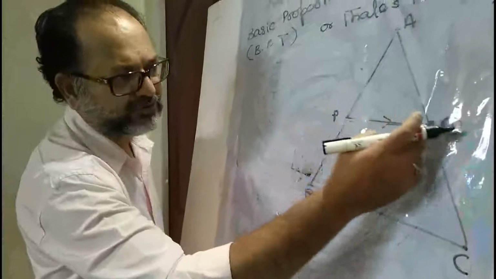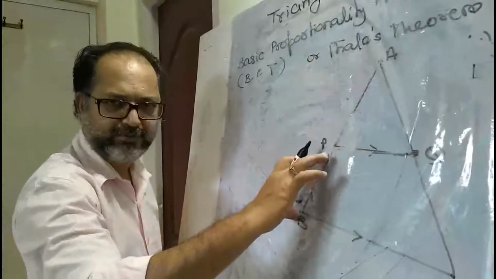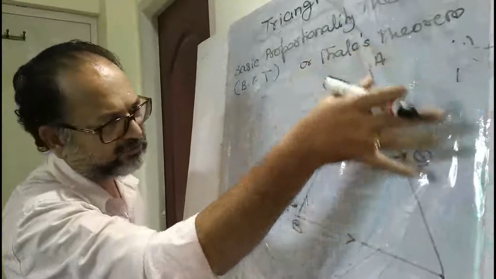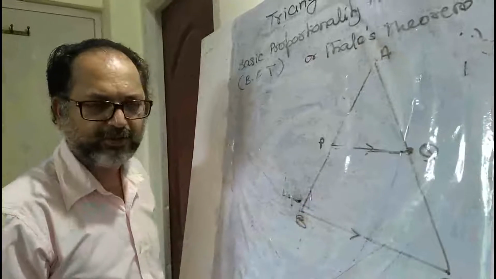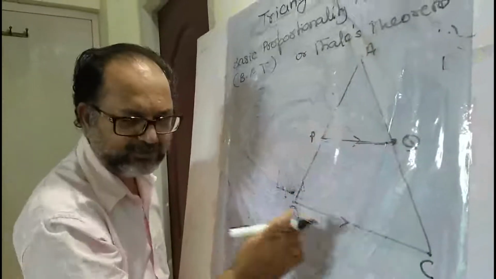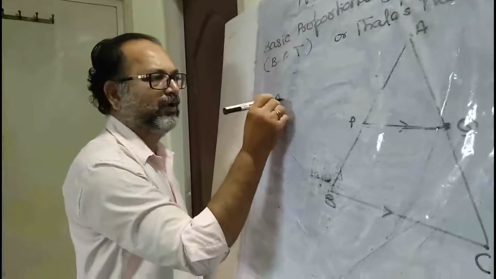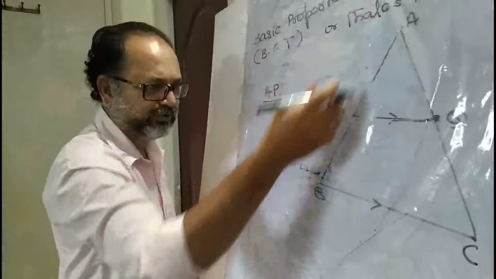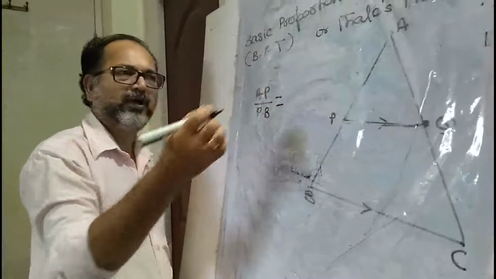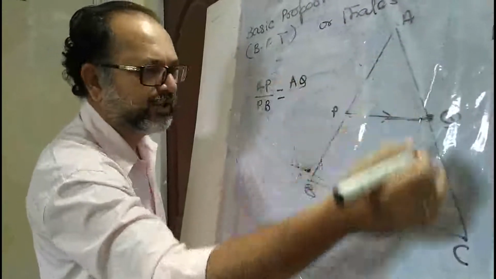See, because of this segment, this side is divided into two parts, AP and PB. And because of this segment, this side also is divided into two parts, AQ and QC. And if PQ is parallel to this, then as per the theorem, the ratio of these two parts formed on this side will be equal to the ratio of these two parts formed on this side.